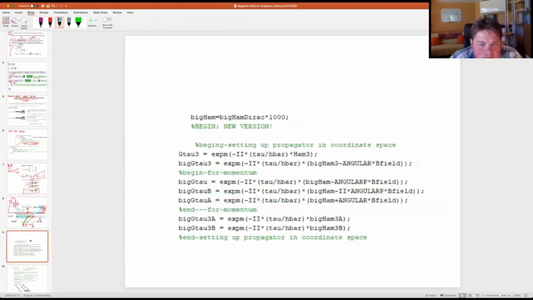In this slide, it shows how we coded the time evolution operator in MATLAB. Very good. So there are three lines that look very similar to each other. Do you remember which one of them is used later?